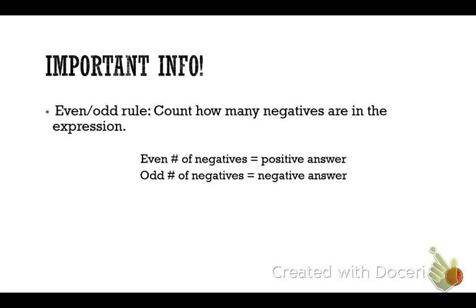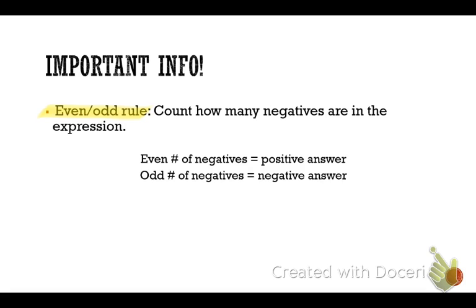The past couple of days, we've learned same sign, add and keep, right? We learned our song. That's for addition and subtraction. For multiplication and division, we go by what we call the even-odd rule, which says that you count how many negatives are in the expression, and that determines the sign of your answer.